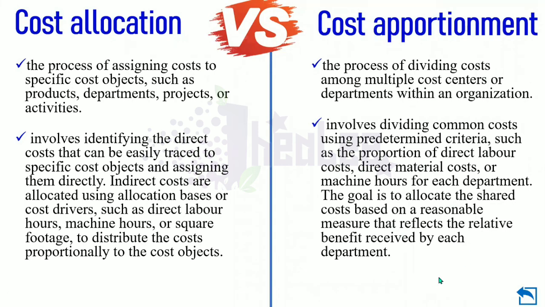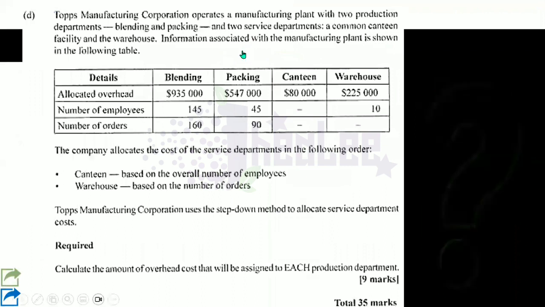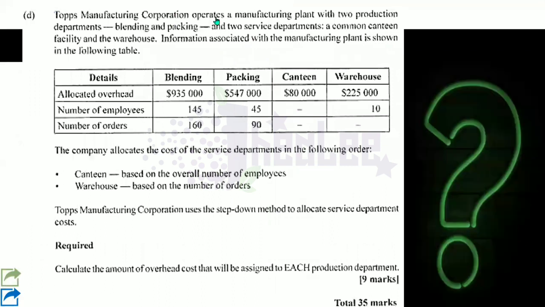Alrighty, so we're going to move into the last part of the question, which reads: Tops Manufacturing Corporation operates a manufacturing plant with 2 production departments, blending and packing, and 2 service departments, a common canteen facility and the warehouse. Information associated with the manufacturing plant is shown in the table below.